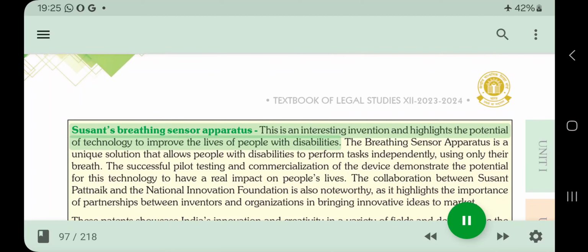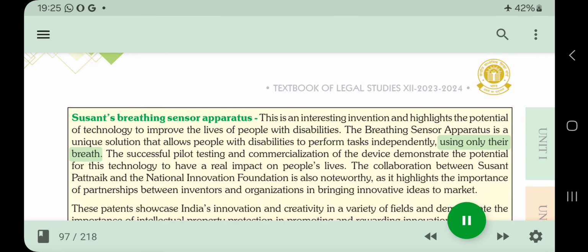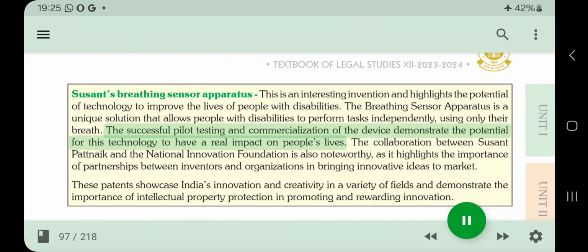Sushant's breathing sensor apparatus. This is an interesting invention and highlights the potential of technology to improve the lives of people with disabilities. The breathing sensor apparatus is a unique solution that allows people with disabilities to perform tasks independently, using only their breath. The successful pilot testing and commercialization of the device demonstrate the potential for this technology to have a real impact on people's lives.